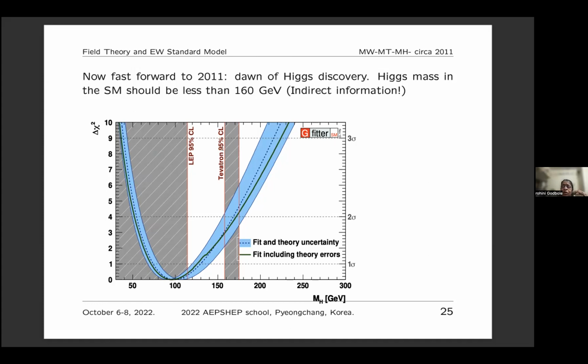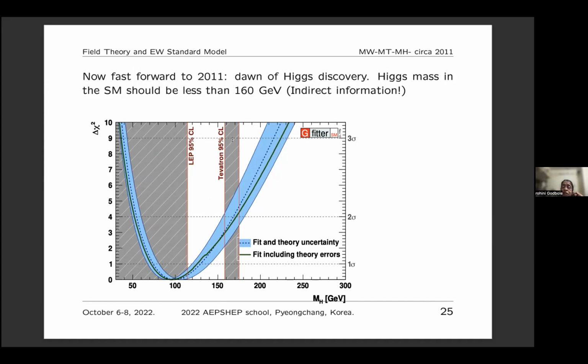And Tevatron had already, by December 2011, and a little bit after that, ruled out these mass values, 160 GeV and more.